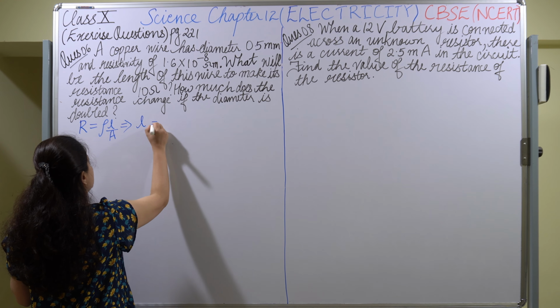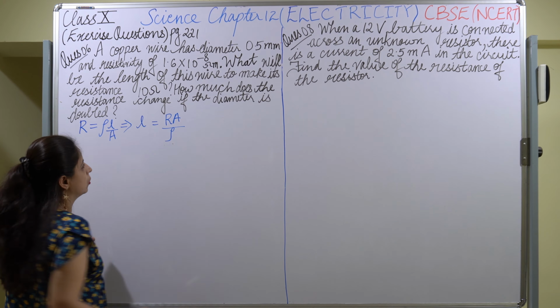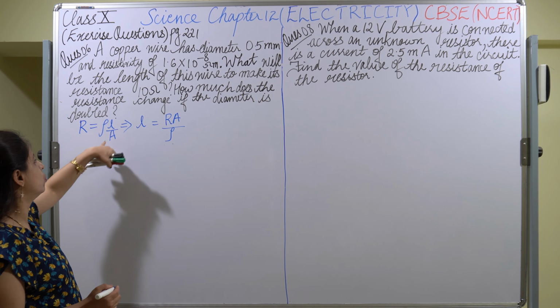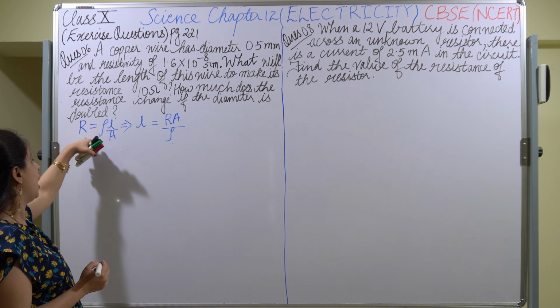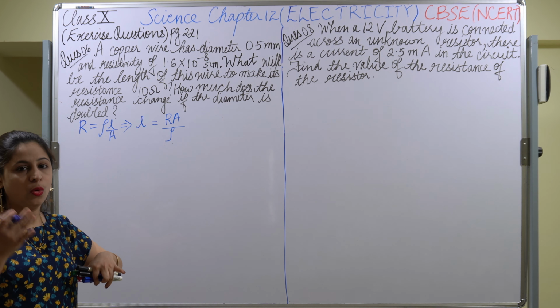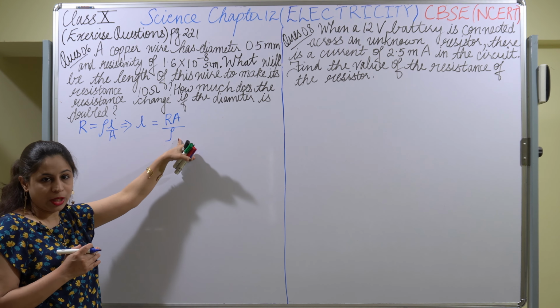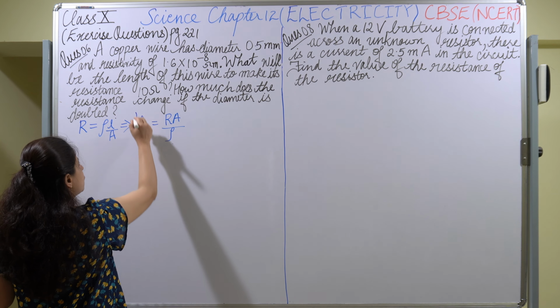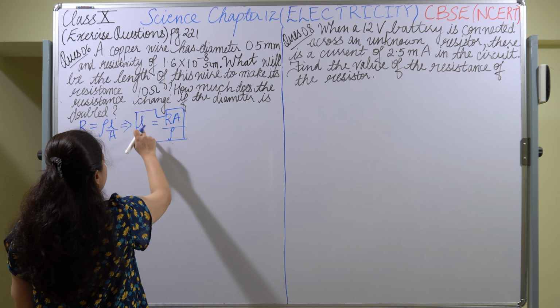So L will be equal to RA upon rho. A will go on that side and get multiplied by R, and rho is in multiplication with L right now, so when it goes to the other side, it will get divided. With this formula we will be finding out the value of L.